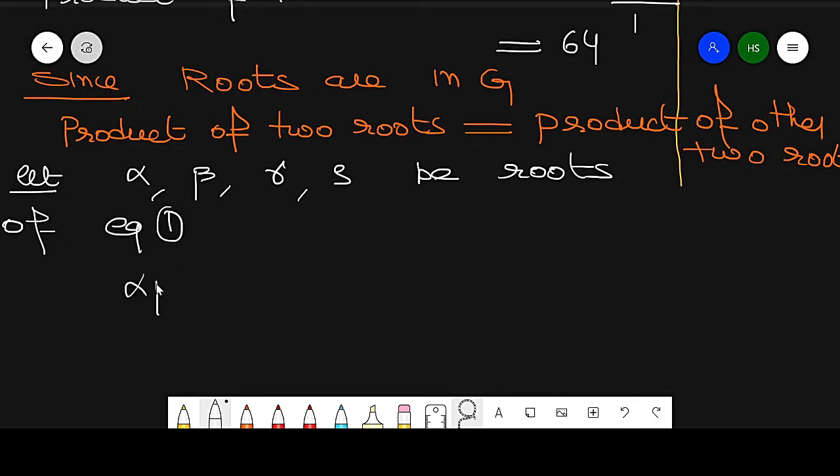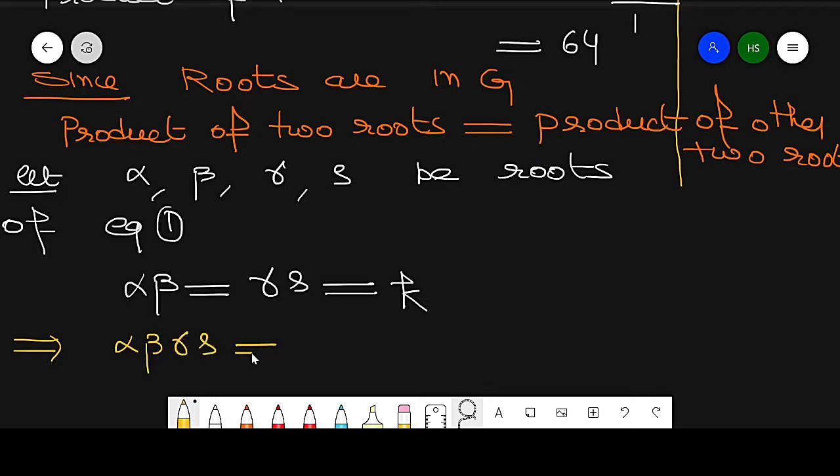So alpha beta and gamma delta are equal, and assume this value equal to k. Now the product of four roots, alpha beta gamma delta, is equal to 64. So it implies k square equal to 64 and k is equal to plus minus 8.